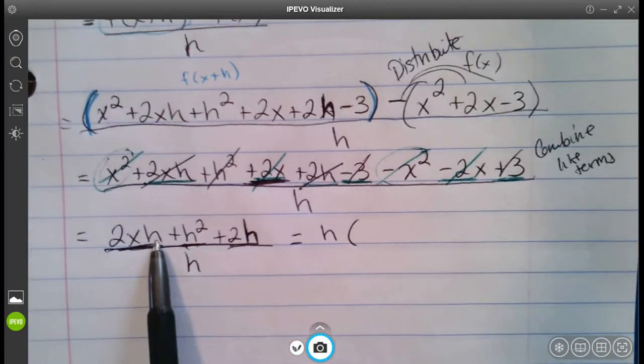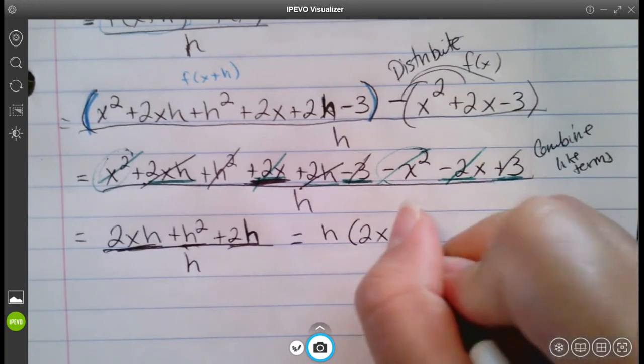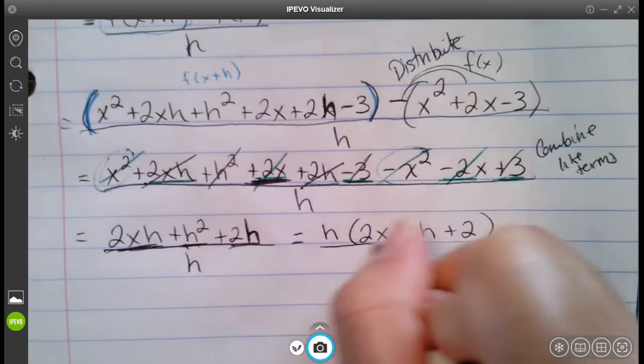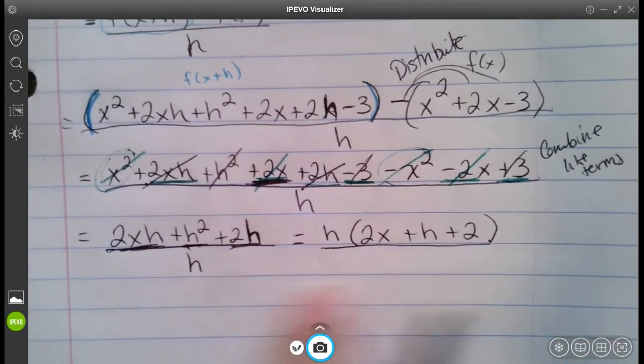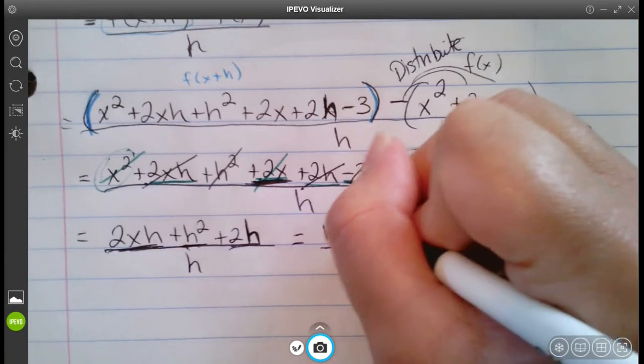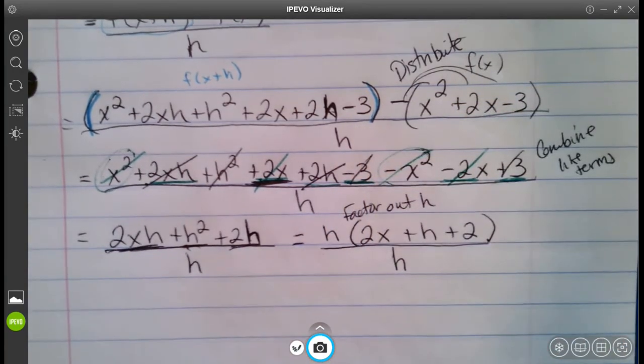Okay, I'm going to take out the h from these three terms, which leaves me with 2x plus h plus 2. This h is still the same. Okay, so on this step, I factored out h. Okay, I used greatest common factor for that.